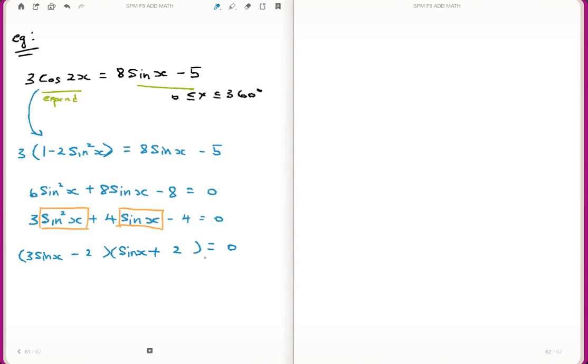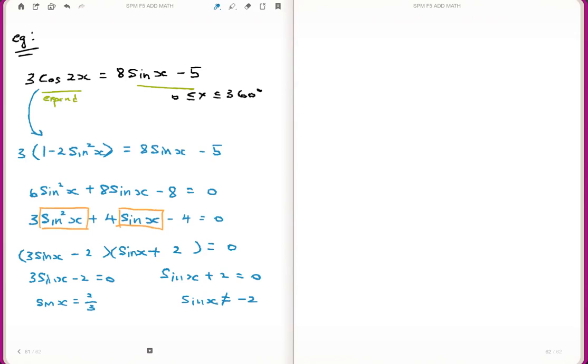In order for the product to get 0, there will be 3 sine x minus 2 equals 0, or sine x plus 2 is equal to 0. You get some marks if you write this. Now, on the left hand side, sine x equals 2 over 3, but here sine x can never equal minus 2.